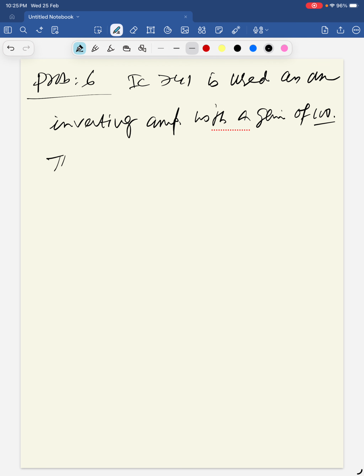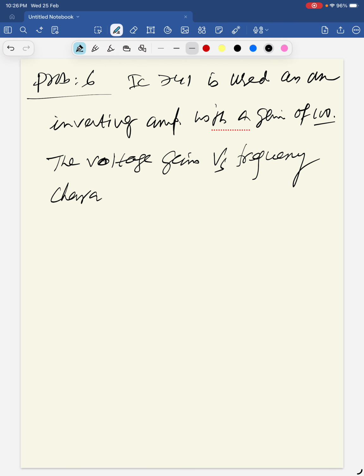The voltage gain versus frequency characteristics is flat up to how much? 10 kilohertz. So up to 10 kilohertz is flat.